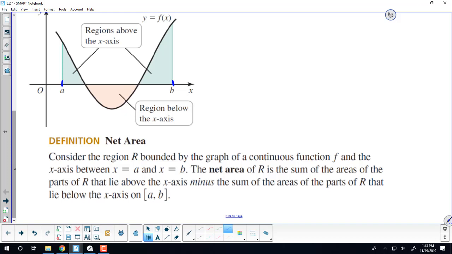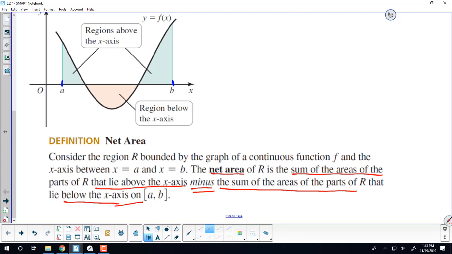So that's our definition here. The region R, bounded by f of x, between the x-axis, x equals A, and x equals B. For all intents and purposes, you could think of this figure here that's directly above. The net area is the sum of the areas that lie above the x-axis minus the sum of the areas that are below the x-axis.